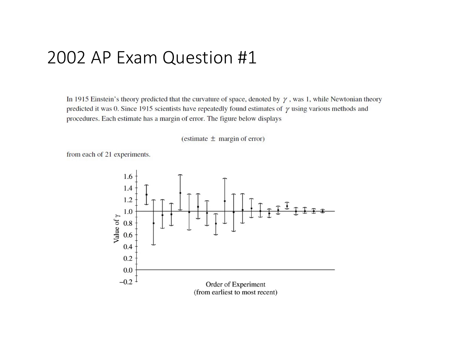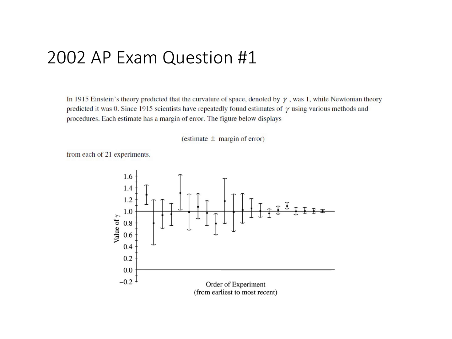Here is an AP exam question. This is question number 1 from 2002. In 1915, Einstein's theory predicted that the curvature of space, denoted by gamma, was 1, while Newtonian theory predicted it was 0. Since 1915, scientists have repeatedly found estimates of gamma using various methods and procedures. Each estimate has a margin of error. The figure below displays the estimate plus or minus the margin of error.